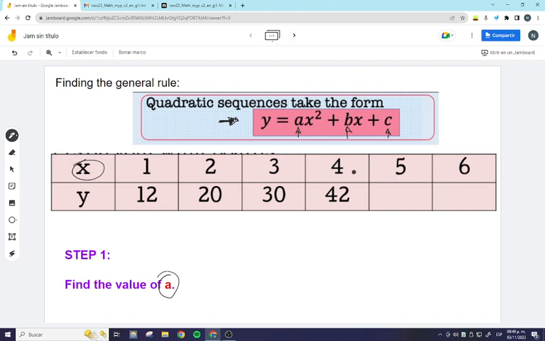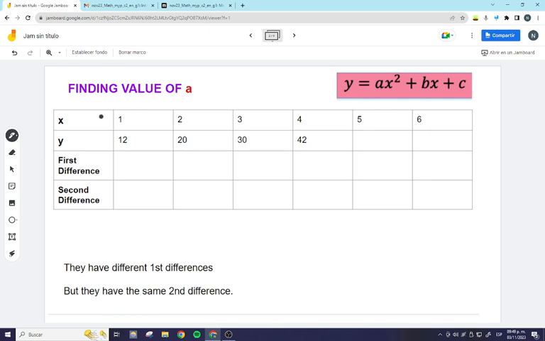In order to find a, b, and c, we need to extend the chart, because we need to find the first difference and the second difference of this pattern. First of all, the difference between 20 and 12, which we already stated, is 8. Between 30 and 20, it's 10. Between 42 and 30 is 12.